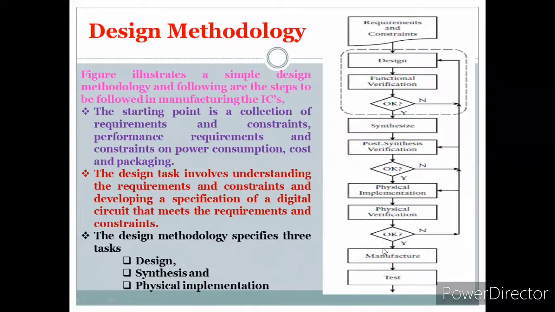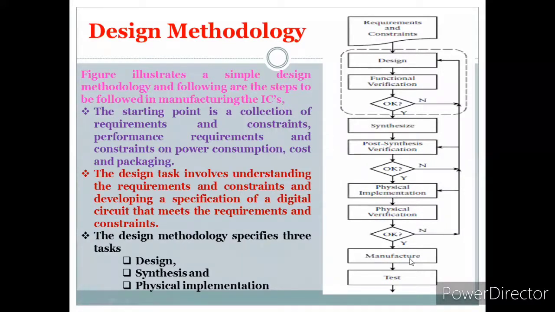If it is meeting the constraints, then it is given to the manufacturer. If it is not meeting, again we go back and redesign the concept or re-verify the concept in physical verification. If it is verifying perfectly in the physical verification, it goes to manufacturing.